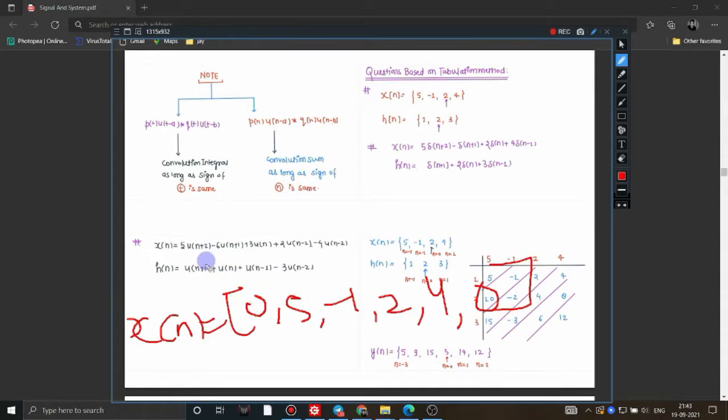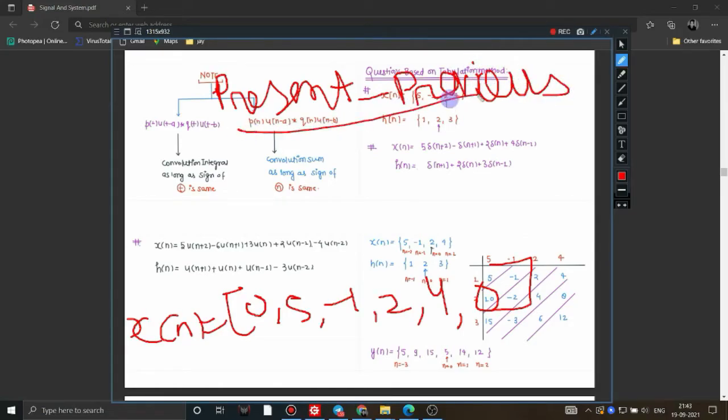Now for writing this, take the present value minus previous.